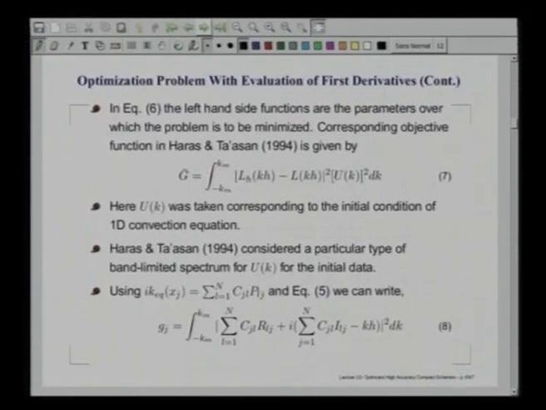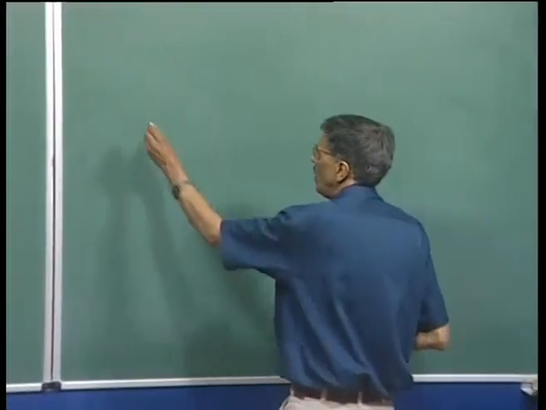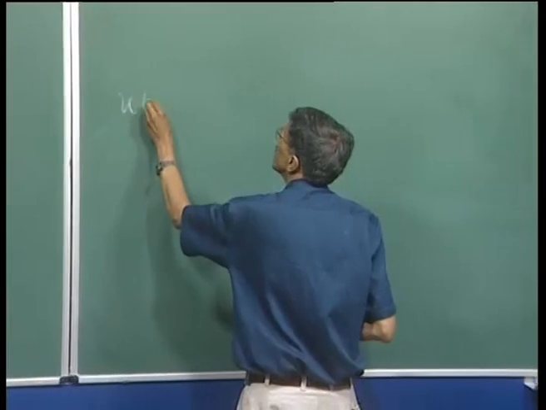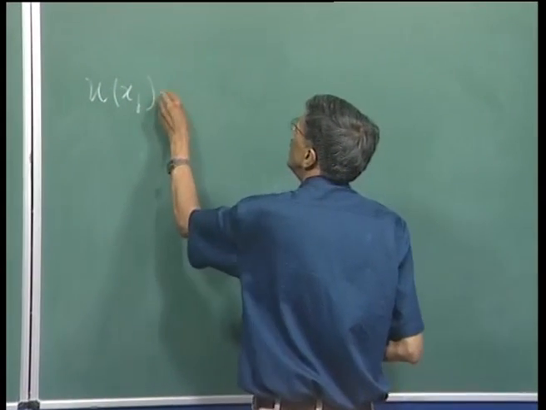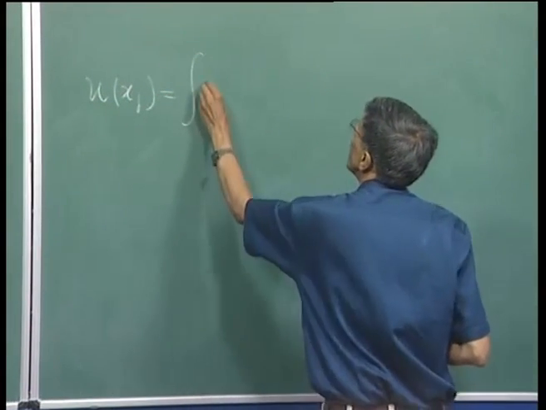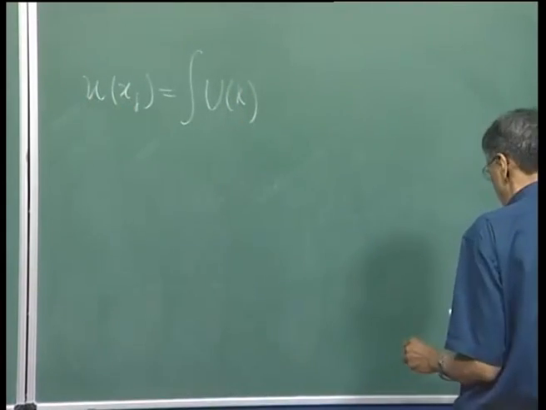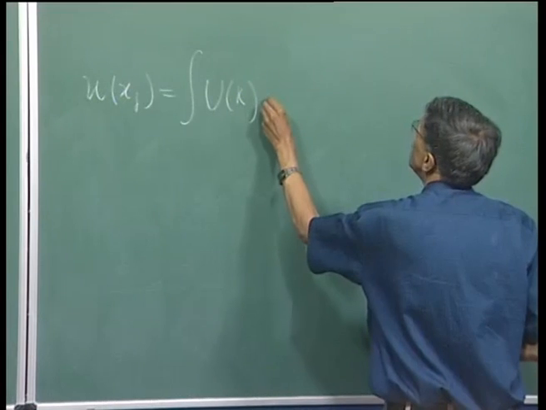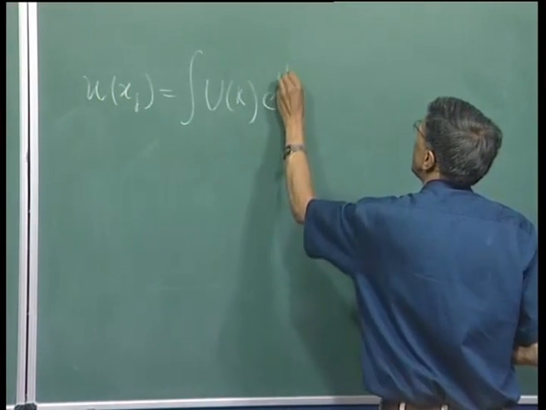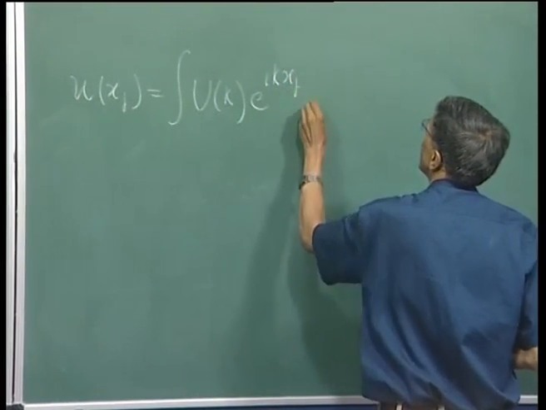Now, what really happens is that we have seen that u of k is nothing but the Fourier-Laplace amplitude of, let us say, function u of x evaluated at the jth node. So, if I write it like this, this is what I get.